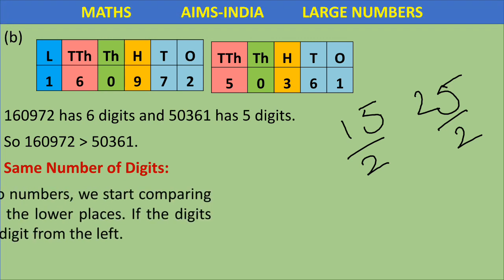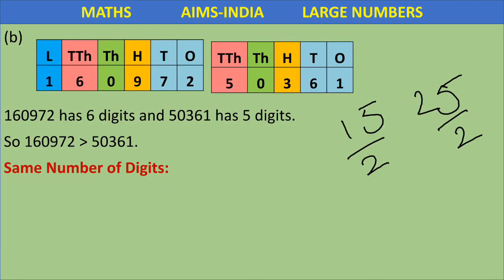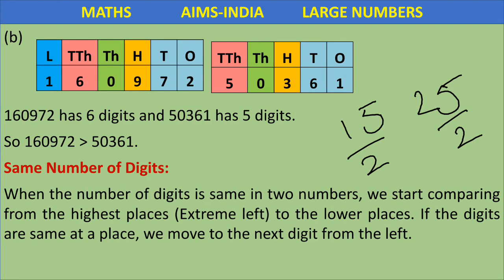Same number of digits. When the number of digits is same in two numbers, we start comparing from the highest places, that is to the extreme left. Where is the highest place value of a number present? Is it on the left side or on the right side?